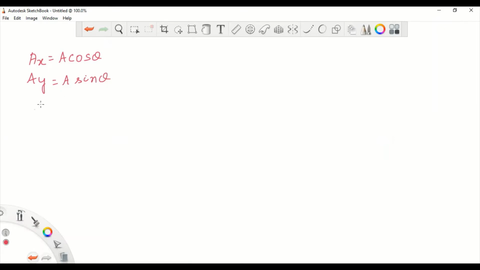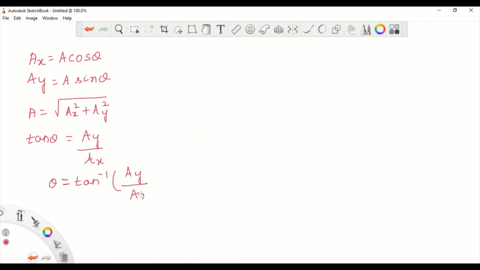And we found A is equal to root of AX square plus AY square also. Now tan theta is equal to AY by AX, or theta is equal to tan inverse of AY divided by AX.